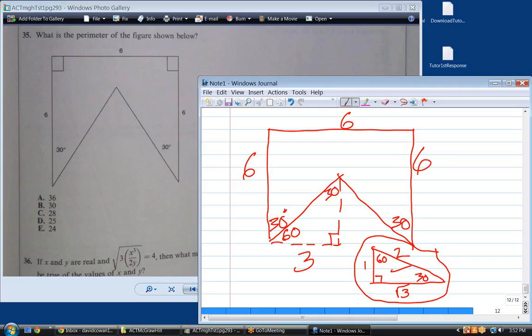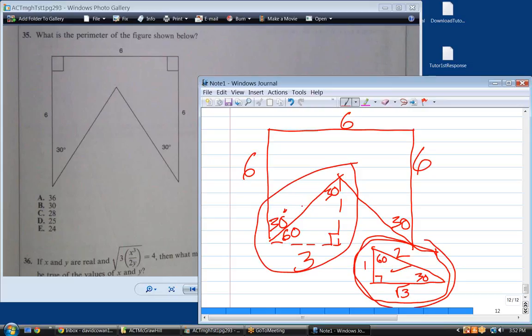In the small one, what is the side opposite the 30-degree angle? 1. In the big one, what is the side opposite the 30-degree angle? 3. What is the similarity ratio? 3 to 1. That means every side on that triangle has to be 3 times the size of this triangle.